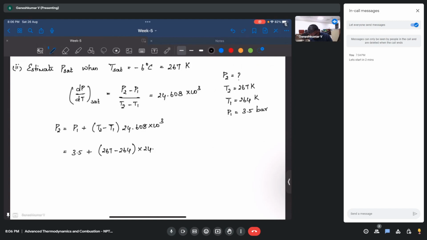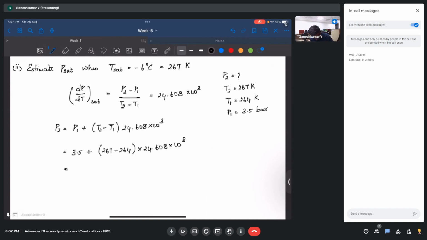Let me quickly find this also. 267 minus 264, 3 into 24.608 into 10 power 3, and it's 3.5 bar, so plus 3.5 into 10 power 5.